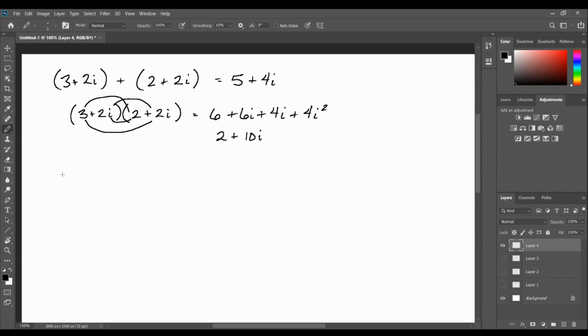In trigonometric notation, it's a little different. We've got r1 times cosine theta 1 plus i sine theta 1. And we are going to multiply that by r2 times cosine theta 2 plus i sine theta 2.